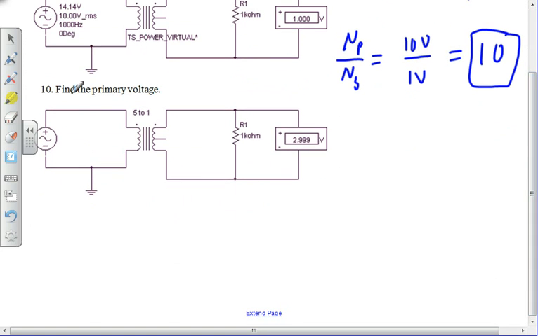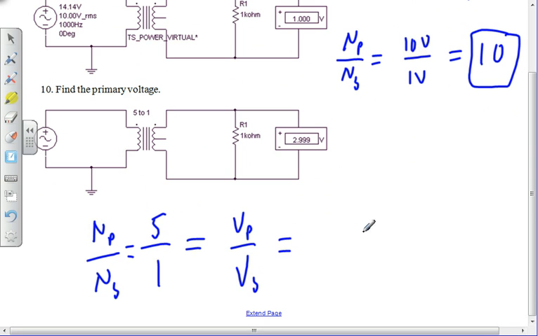So now find the primary voltage. Okay, so 5 to 1, which is turns primary to turns secondary, has to equal voltage primary to voltage secondary, which is, I don't know, 3. So voltage primary is 15 volts. Now, you may not count that as 3, right?